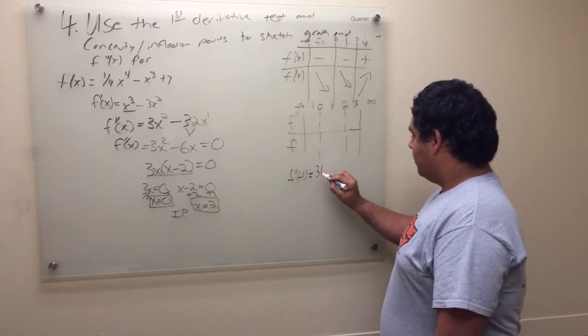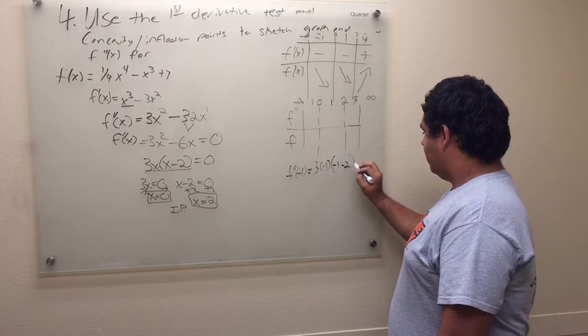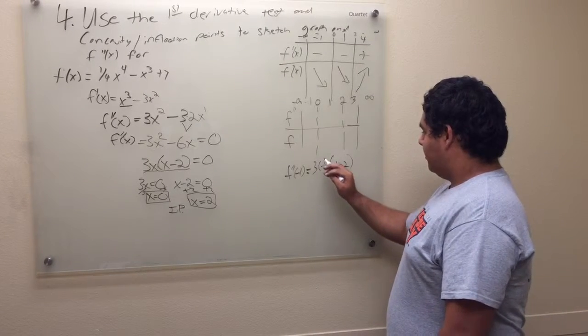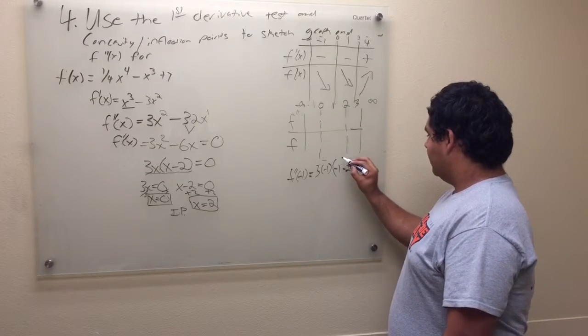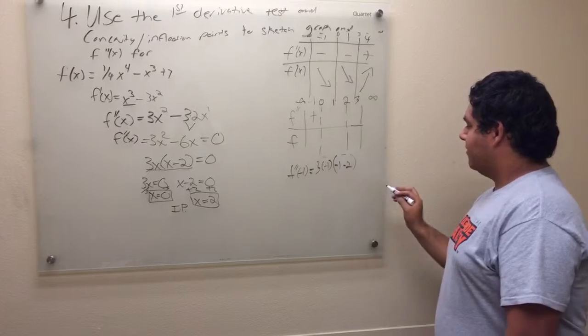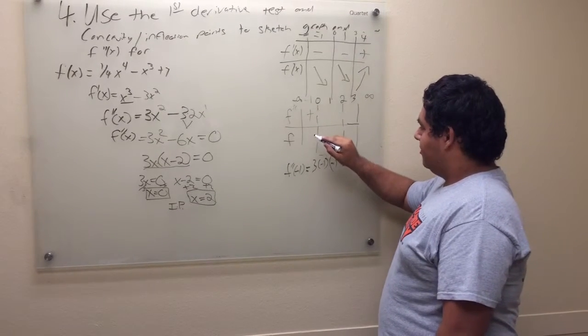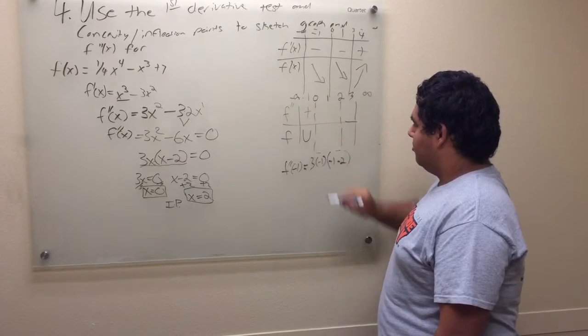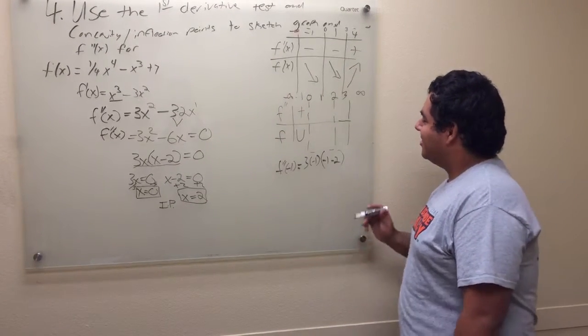You get 3 times negative 1 times negative 1 minus 2. Here 3 times negative 1 is negative. Negative 1 minus 2 is also negative. So we'll get positive because a negative times a negative is positive. So the behavior of the original function is concave up. It goes like this, somewhat.